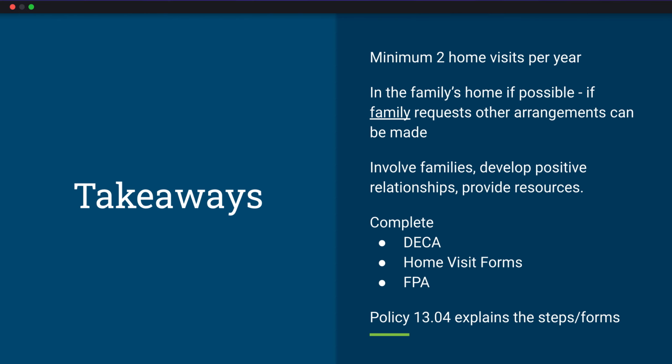During the home visit, several forms are completed, including the DECA, the required home visit forms, and the family partnership agreement. It's a good idea to take a look at Policy 13.04, which explains the steps to the home visit as well as the required forms.